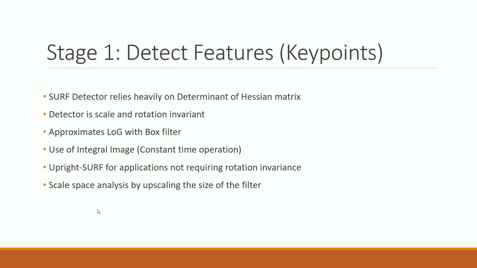In the SIFT algorithm, the scale space analysis is done by progressively decreasing the size of the image. Here we are not decreasing the size of the image; we are applying filters of progressively increasing size, so we are applying masks of increasing size.